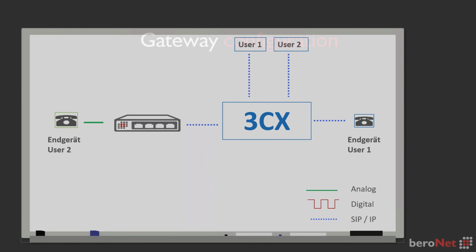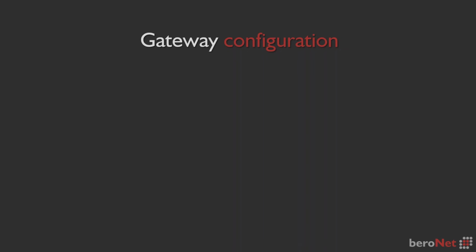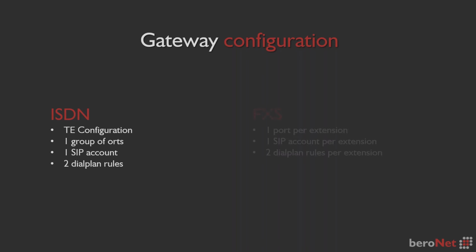So theoretically, for the configuration of the gateway, we have on one part the ISDN configuration, with the ports configured as TE, because you will have the ISDN line connected to the gateway. It would be NT if we wanted to connect an ISDN PBX to a SIP trunk. We will have one group of ports, one SIP account, and two dial plan rules on the ISDN part.